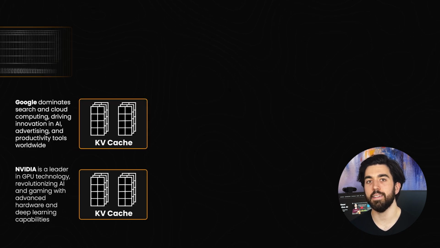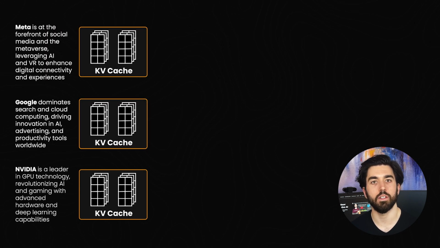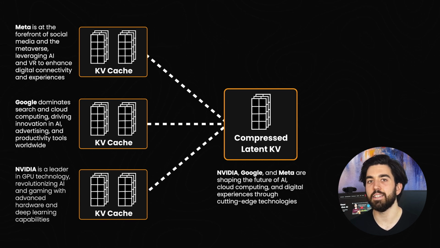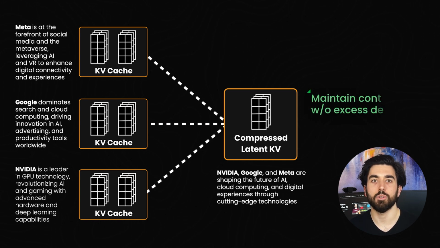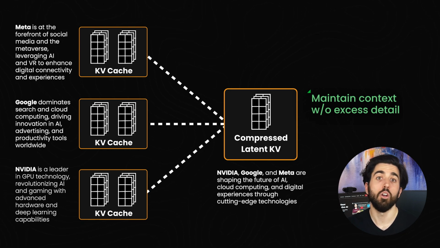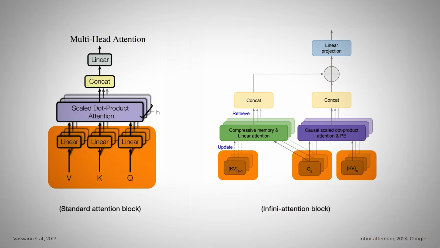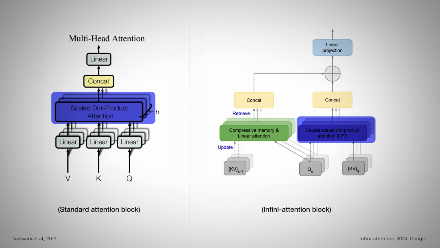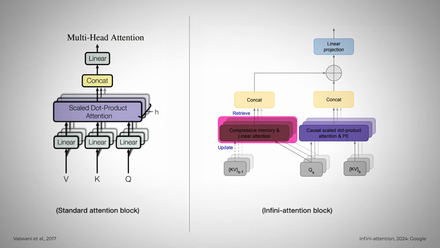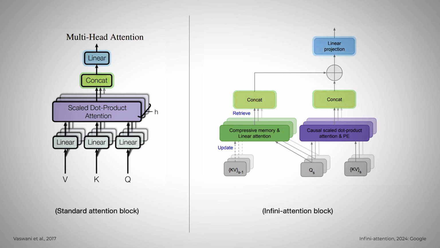Instead of storing detailed keys and values for every token, MLA compresses attention history into a compact latent representation. The idea is to maintain context without holding onto every last detail, reducing the memory load. It's very much like how infinite attention, which we covered a few months ago, handles big context with a clever way of avoiding the computational and memory pitfalls of standard self-attention.